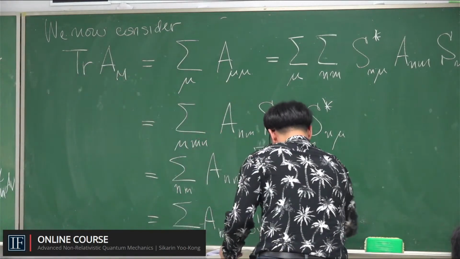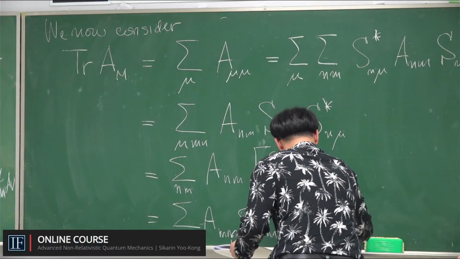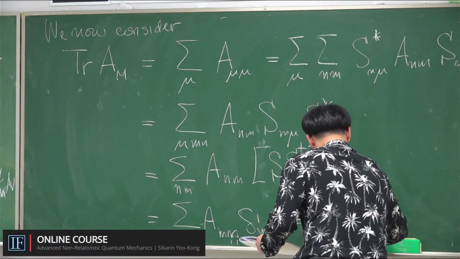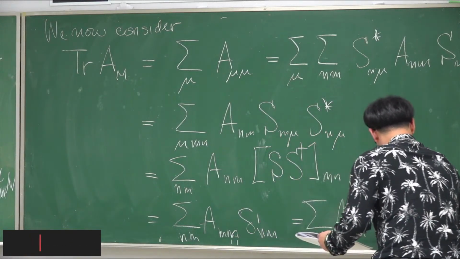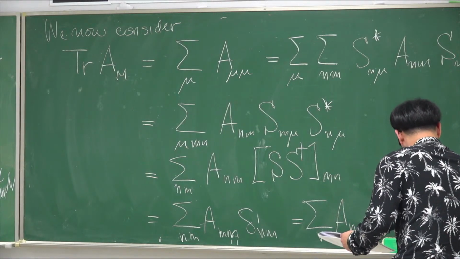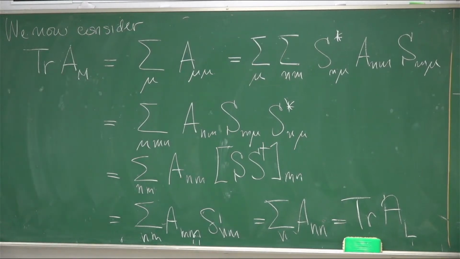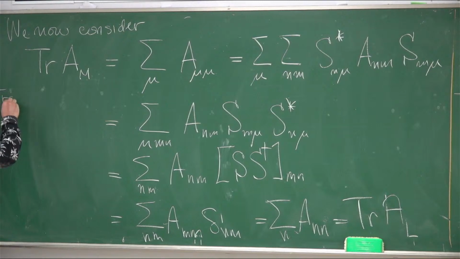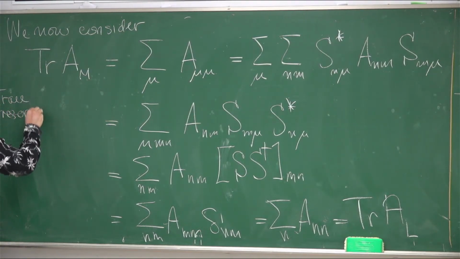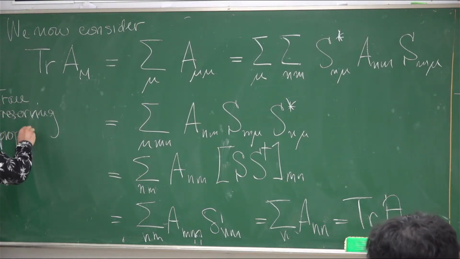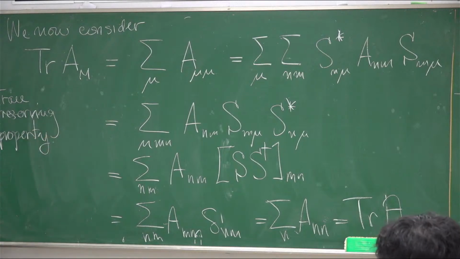So at the end you will get N, which is actually the trace of this A, yes, it's the same. This is called the trace preserving property.